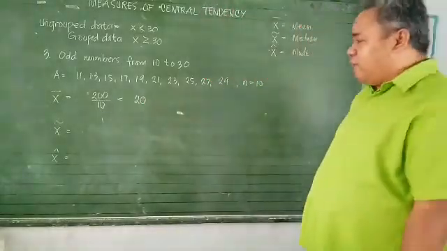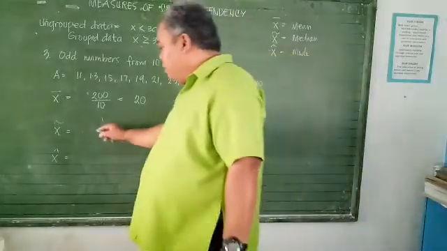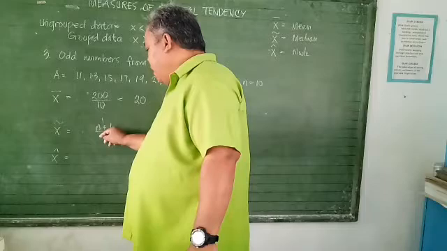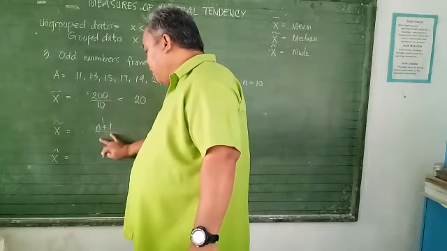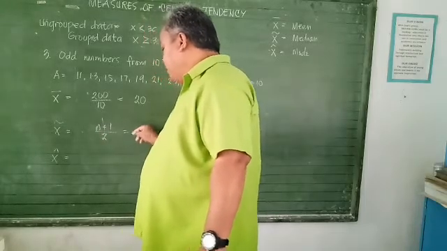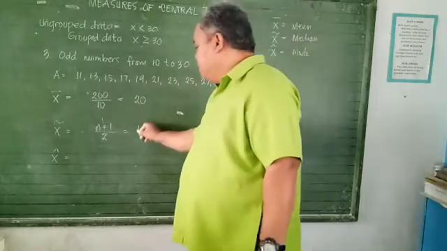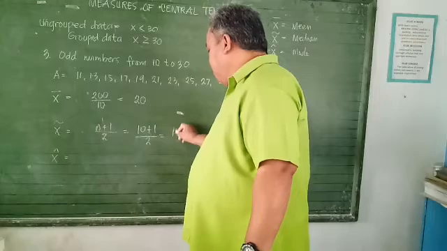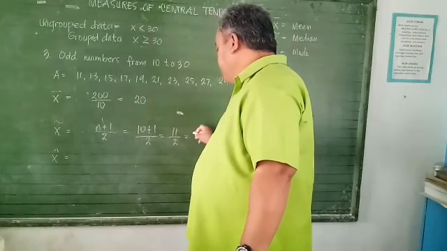Okay, what about the median? Again, for the median, we have n plus 1 over 2, kasi median ang hinahanap natin. So that is 10 plus 1 over 2. So this is 11 over 2, which will give you 5.5.